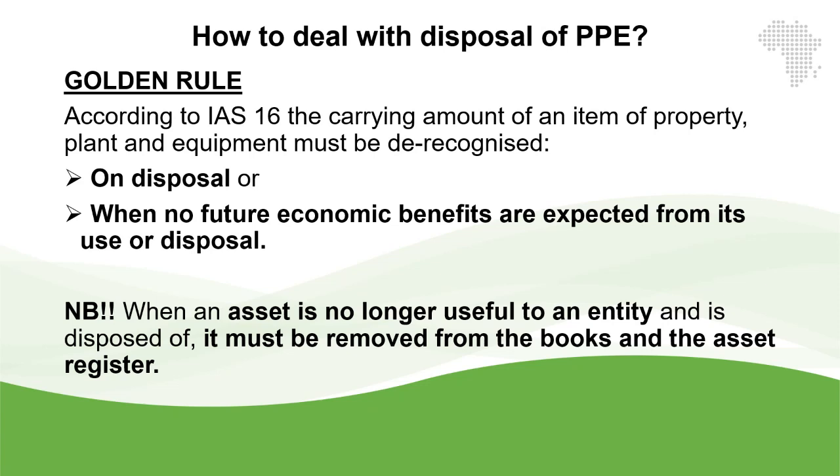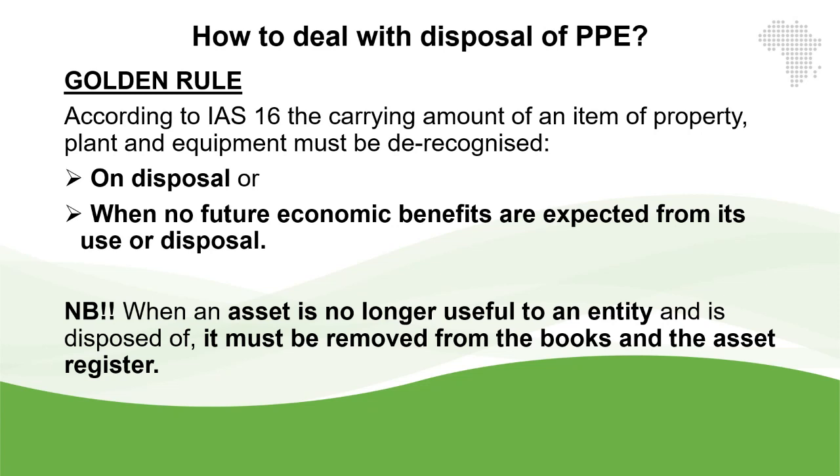Remember that every time you purchase an item of property, plant and equipment, you also need to update your fixed asset register. You also need to update it when you depreciate the asset, together with when you recognize your accumulated depreciation, and your carrying amount is also shown on your fixed asset register.